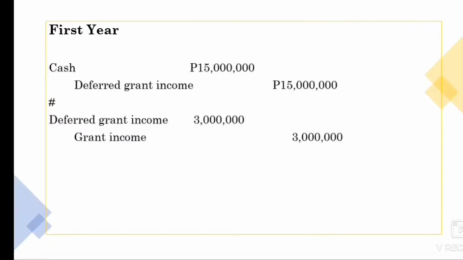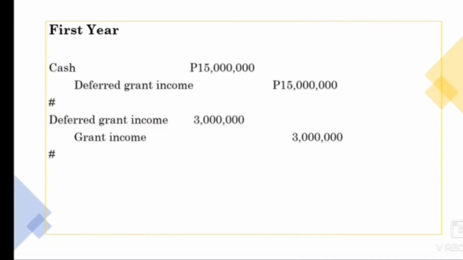So, yung grant na 15 million multiplied, i-fraction form mo yung 2 million and 10 million. So, 2 over 10 multiplied by 15 million. So, we have 3 million grant income realized.